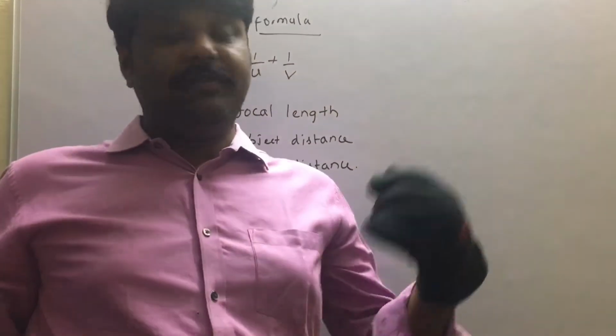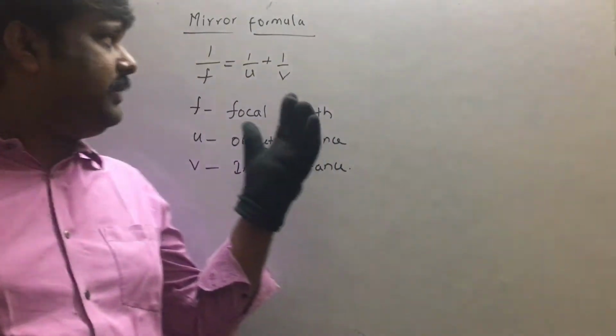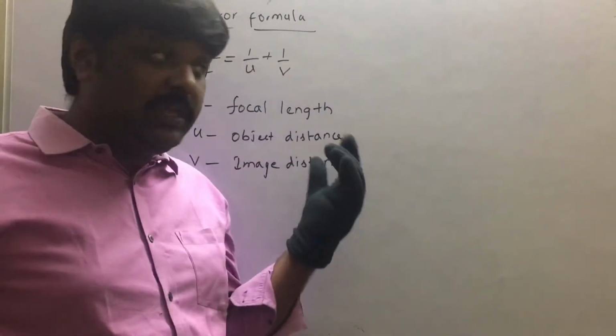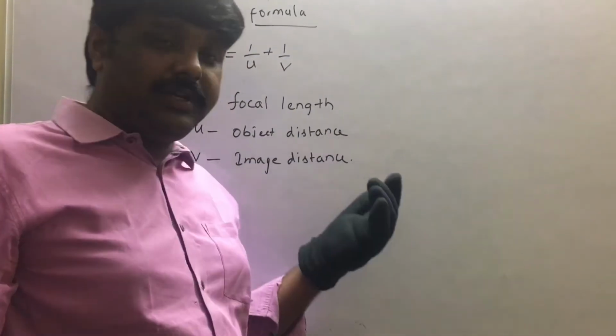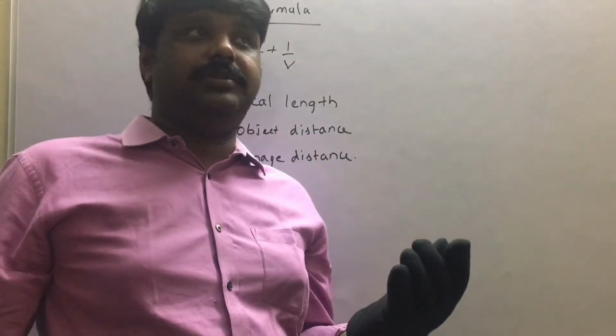This is the formula we have come across. 1 by f equals 1 by u plus 1 by v. f the focal length of the given mirror, u the object distance, and v the image distance.